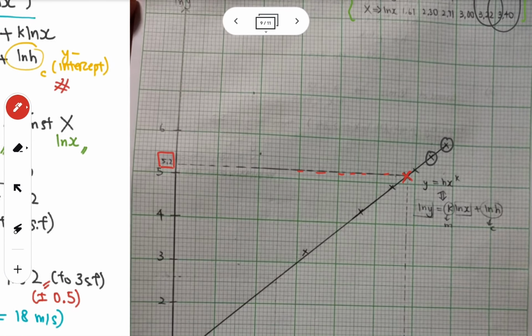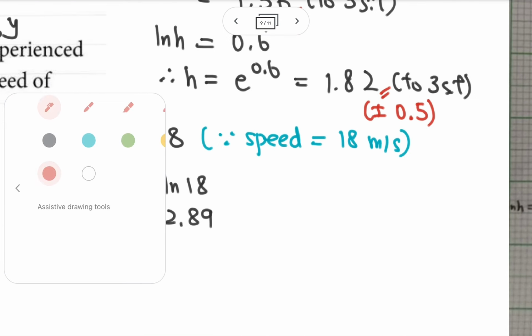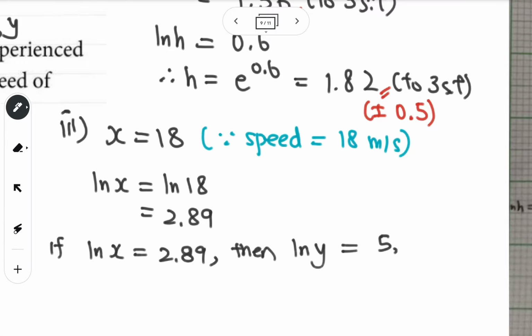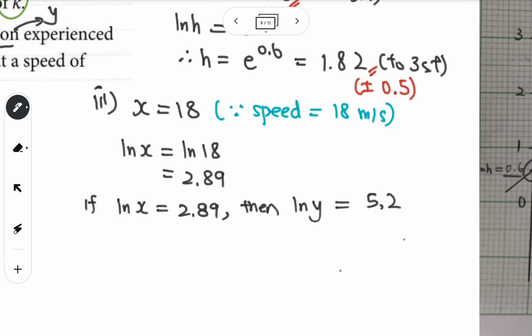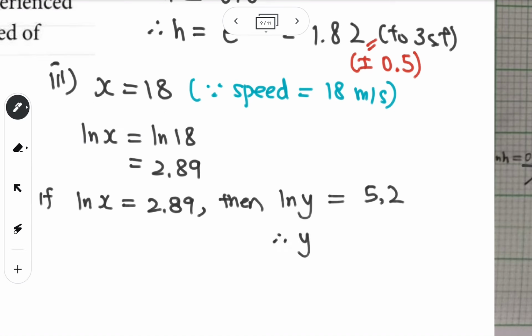So my vertical axis. If ln x is 2.89, then from my graph, ln y is 5.2. And if ln y is 5.2, then I can calculate what is y. It's actually e to the power 5.2.